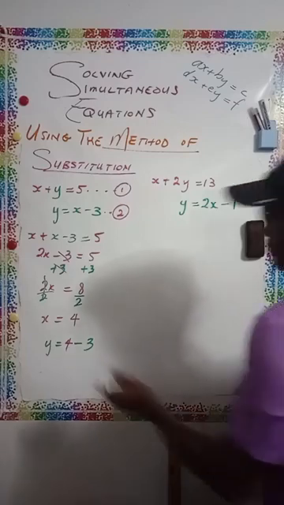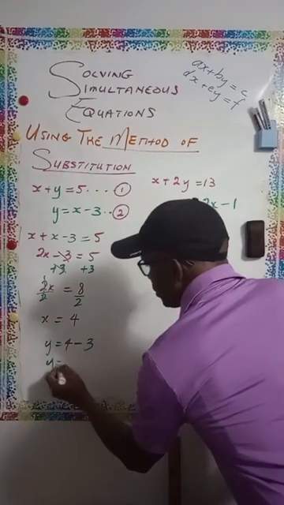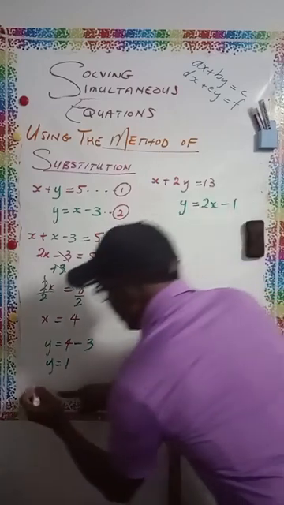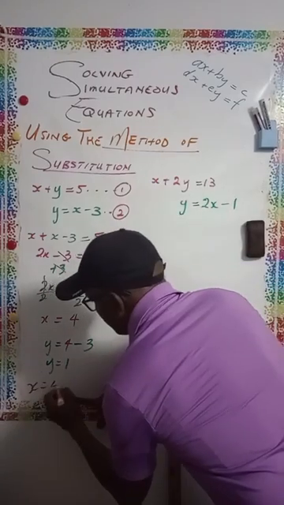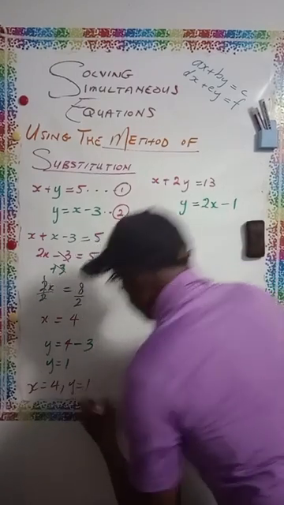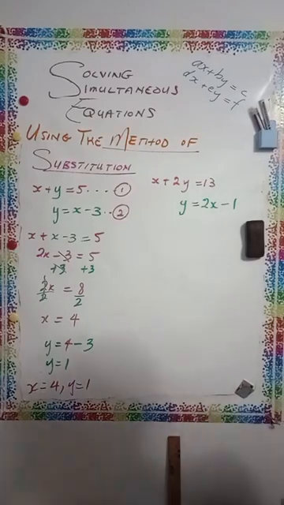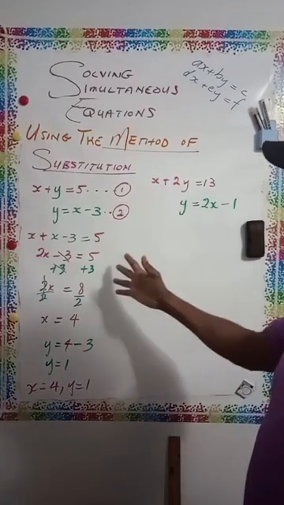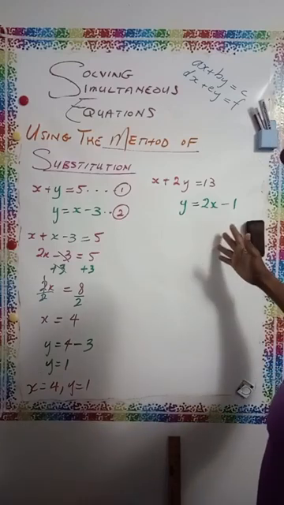And from there, we're going to have that y is equal to 1. So you can conclude and say what? That x is equal to 4 and y is equal to 1. And this is how you solve a system like this here using the substitution method.